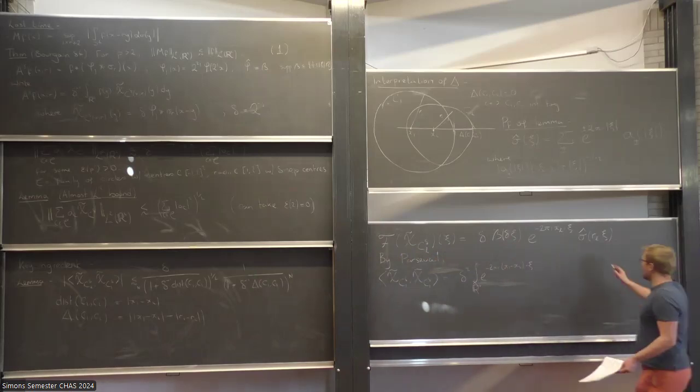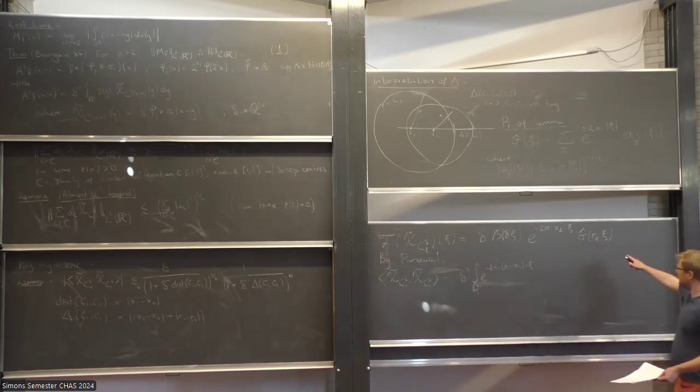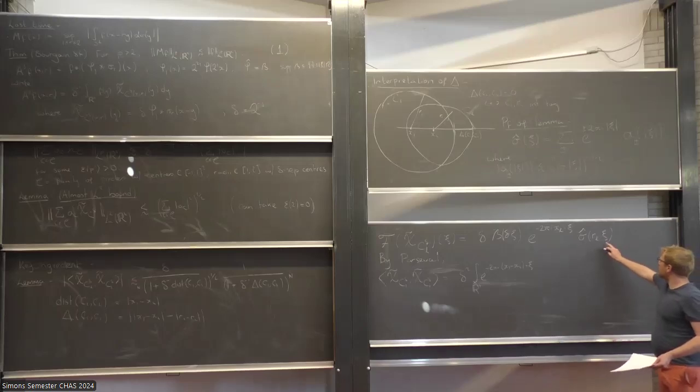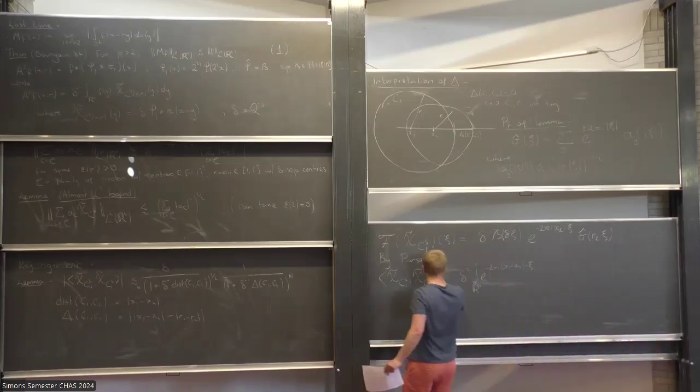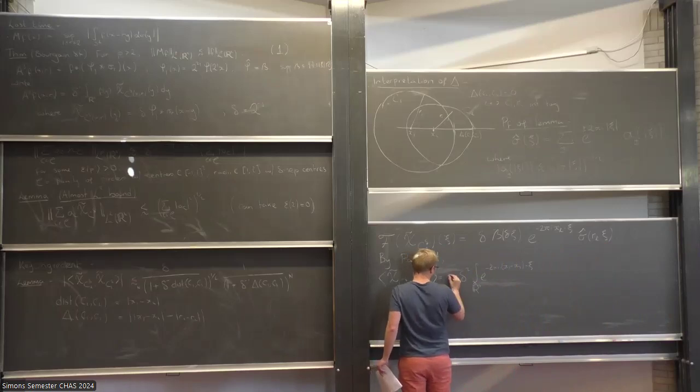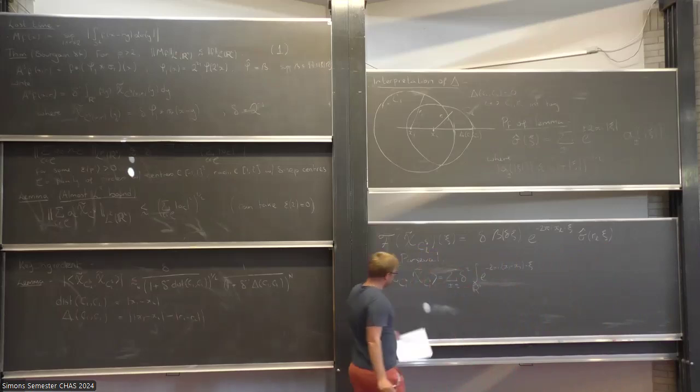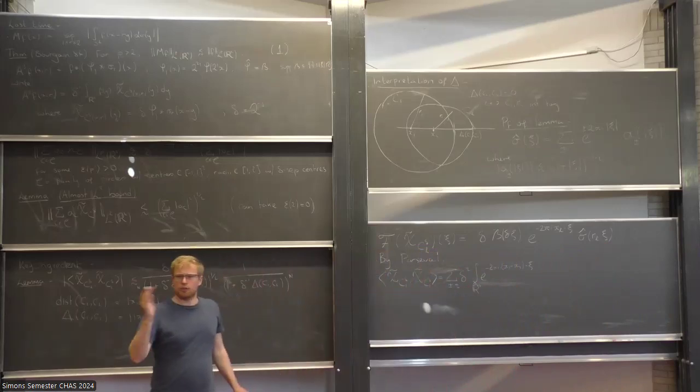And then let's look at these guys. I'm going to write them out in terms of the formula, maybe I'll include some sums. So these plus minuses are independently chosen signs.